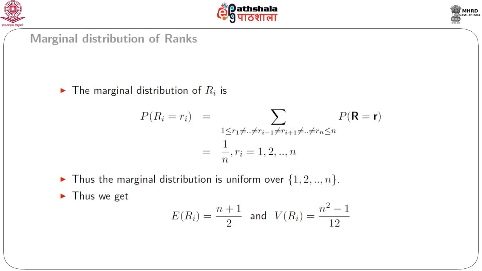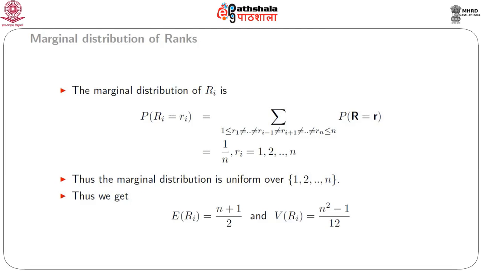Next, we shall obtain the marginal distribution of ranks. By definition, the marginal distribution of rank, say Ri, is the probability Ri equal to small r, which is nothing but the summation over the joint distribution for every possible realization of the rank vector except Ri.